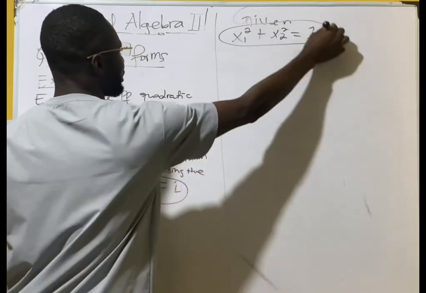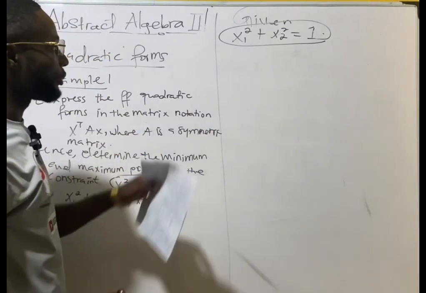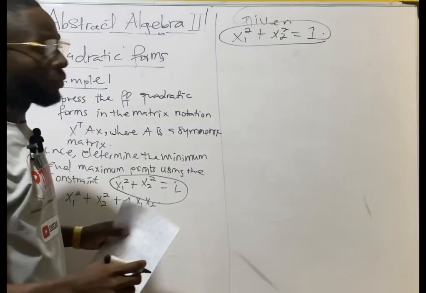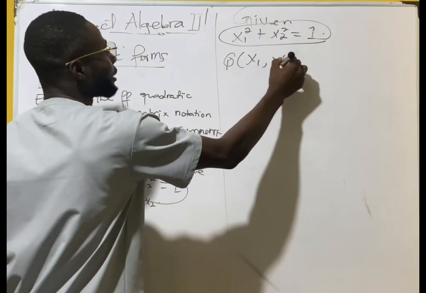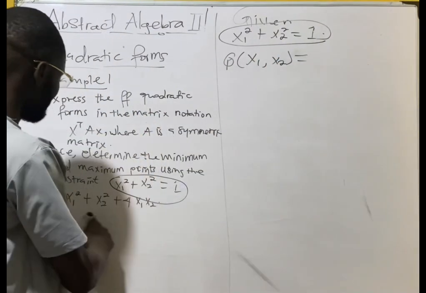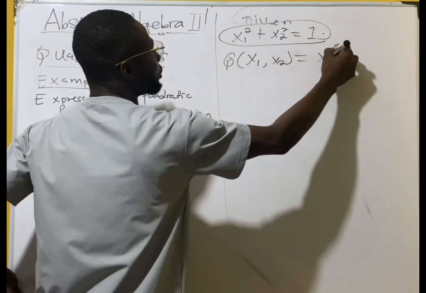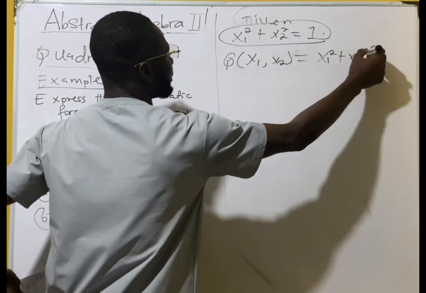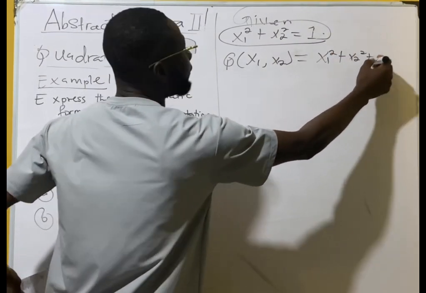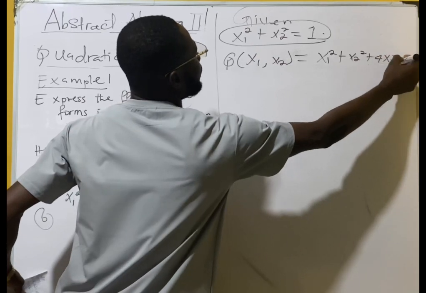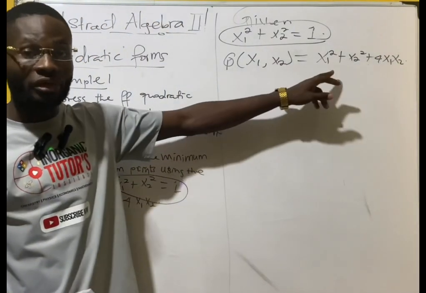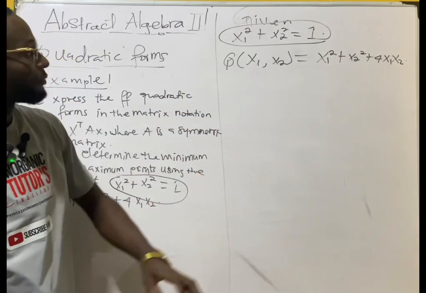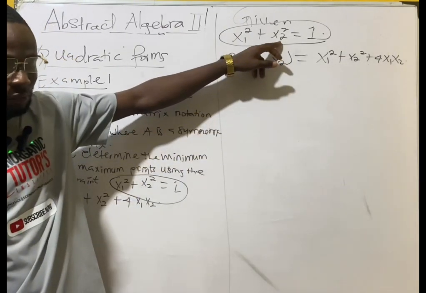And we have been given the quadratic form Q(x1, x2) = x1 squared plus x2 squared plus 4 x1 x2, under this constraint.